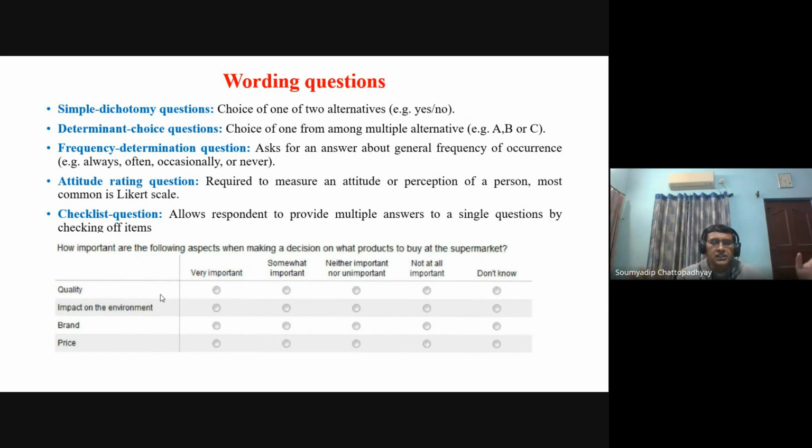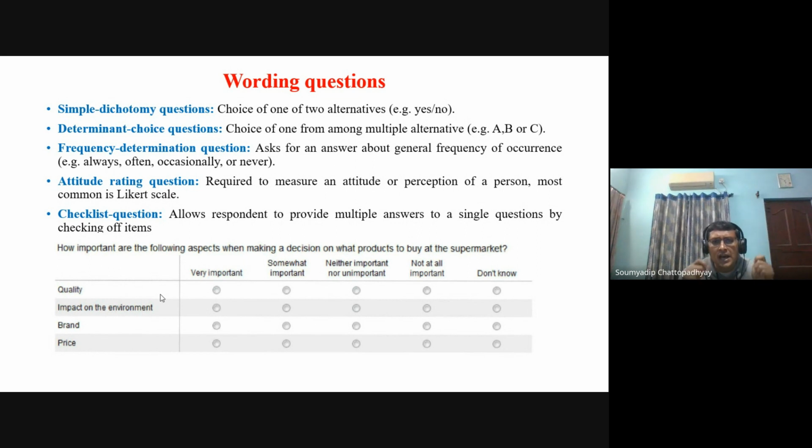So these are some of the different types of questions which we include in our questionnaire, and we have to properly code them in order to analyze those particular responses to get meaningful policy solutions.